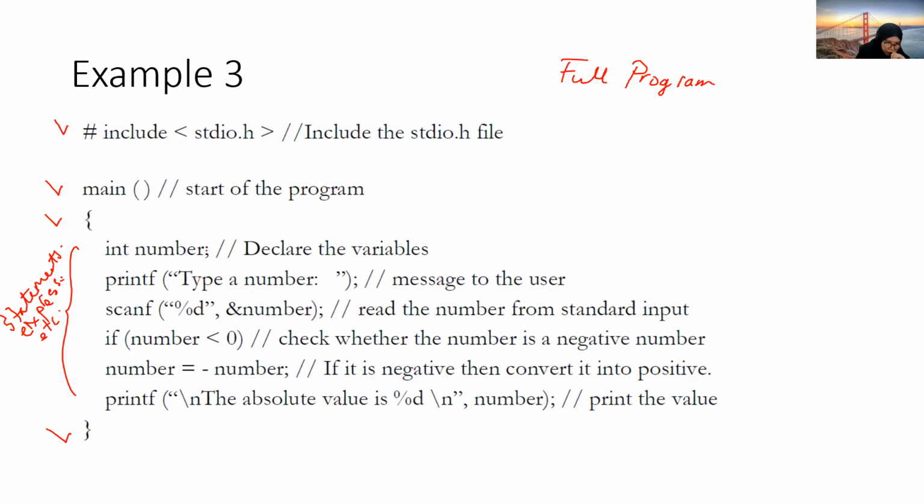All right. Now, because we are evaluating a number, you declare the variable first. Declare the variables. This variable is an integer. And then it is initialized using scanf, taking user input from the standard input.